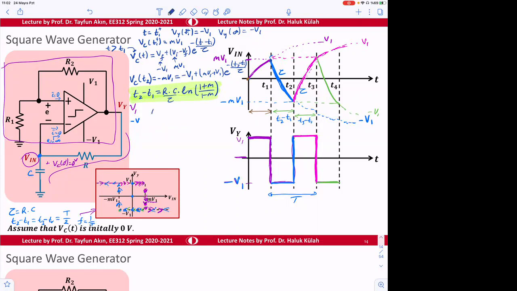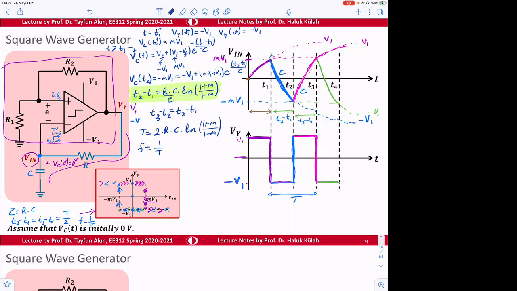If you look at T3 minus T2, it's going to be equal to T2 minus T1. And then we can find T to be 2 times R times C times ln((1 plus m) divided by (1 minus m)). And therefore, F is going to be equal to 1 over T. And this is how we can find the clock period.